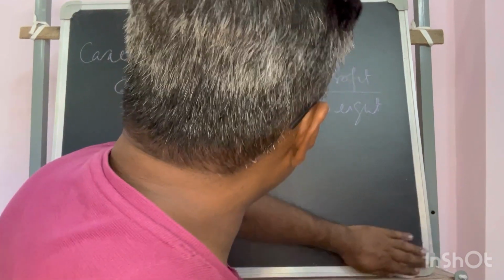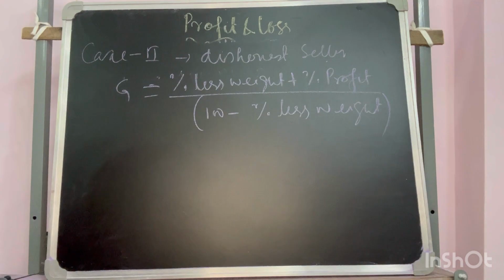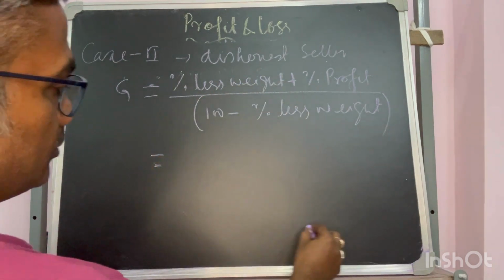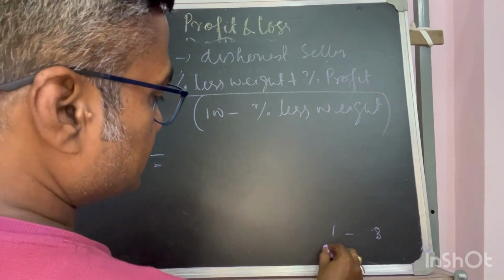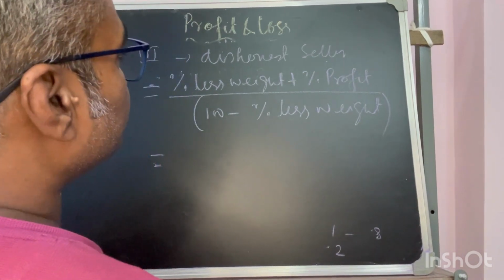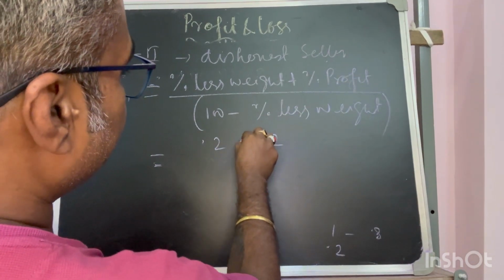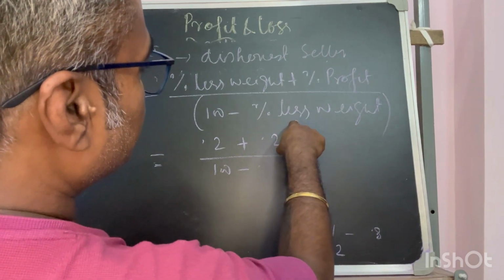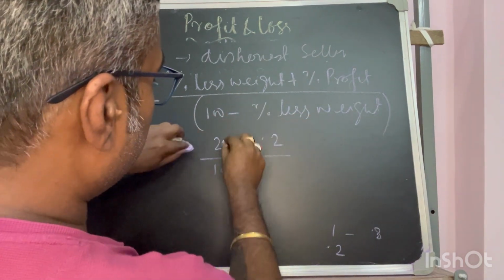Now how is it useful? Here the number of information is less, meaning you will get fewer variables. So G can be found if you know the percentage less in weight. Let's say 0.8 kg is sold as 1 kg, so the less is 0.2, which is 20%. If the profit is 20%, then it is divided by 100 minus the percentage less, which is 20.